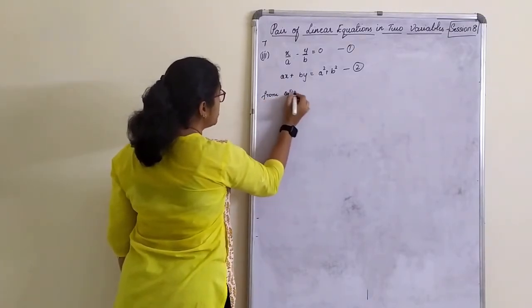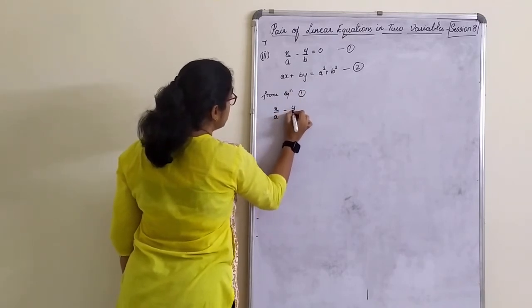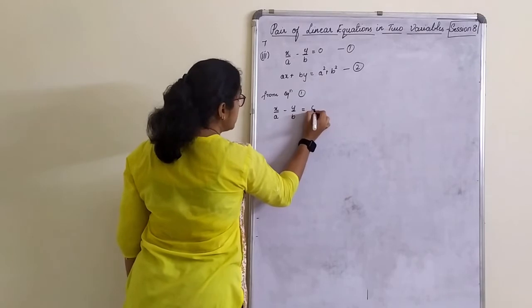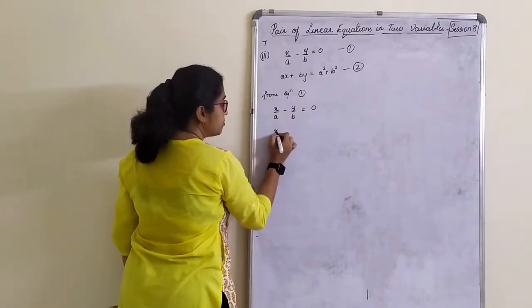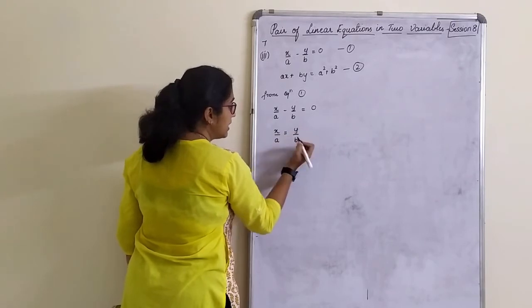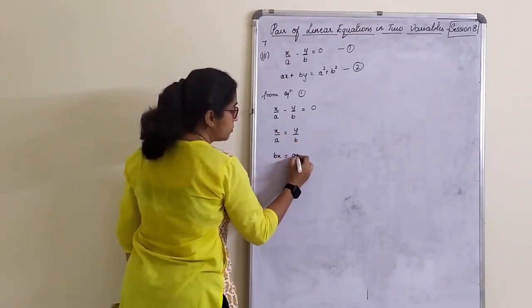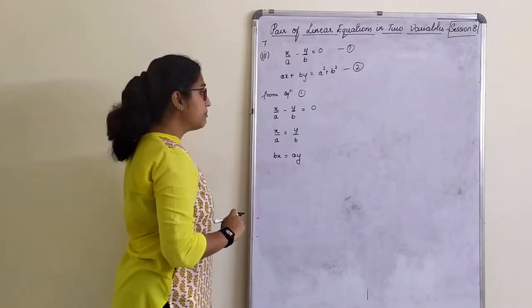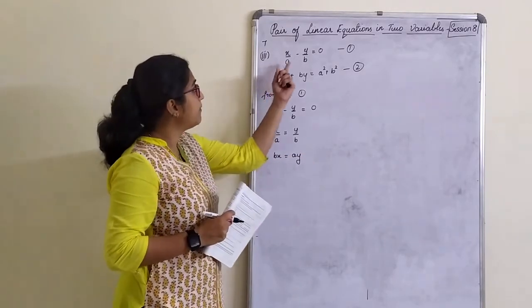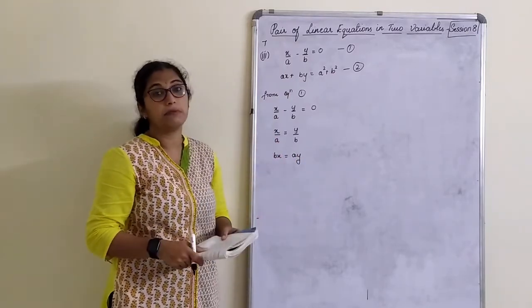From equation 1, x by a minus y by b is equal to 0. Let me transpose it to the other side. x by a is equal to y by b. Cross multiply. bx is equal to ay. Right? Now how do we know that? I had to solve it by this method only, by transposing, then cross multiplying. That comes by practice.